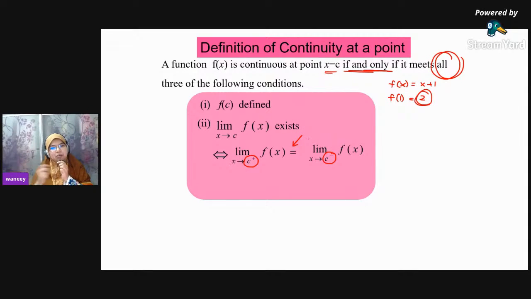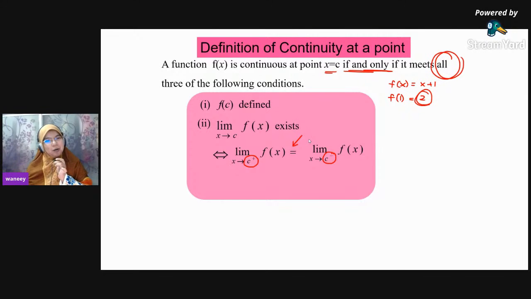Only if they are equal, then the limit for x approaching c exists. So in order to have the existence of limit, we need to test from the left hand side and from the right hand side and make sure we get the same value on both sides.